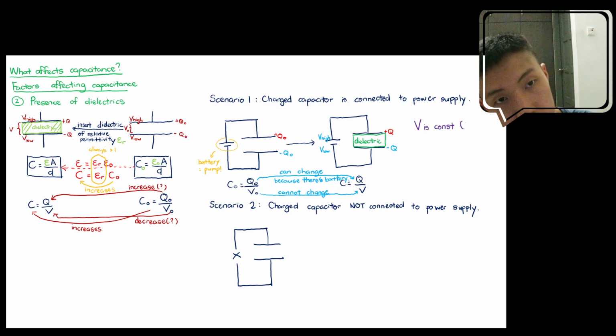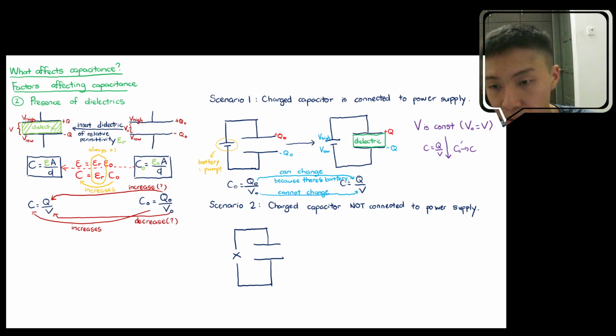So V is constant means V naught equals V. No changes. Knowing that C equals Q over V, and the fact that C goes from C naught to C, an increase.